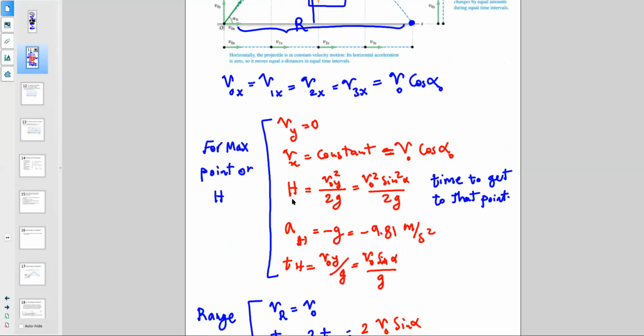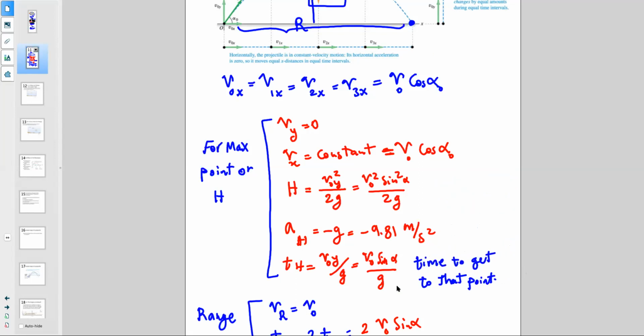The height of that point is v initial y squared over 2g. And we have t of h, the time to get to that point, just using the simple constant acceleration formulas. So the time to get to that point is this.